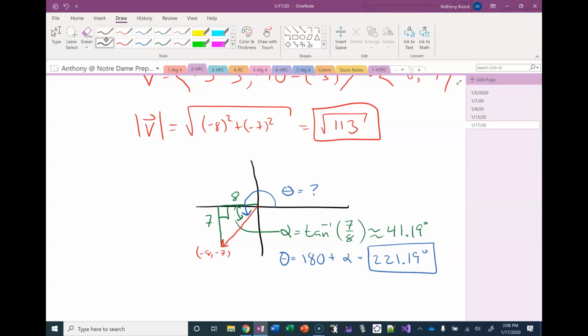So from this example, what we've demonstrated is a way to go from a vector in component form and write it as a magnitude and direction, right?